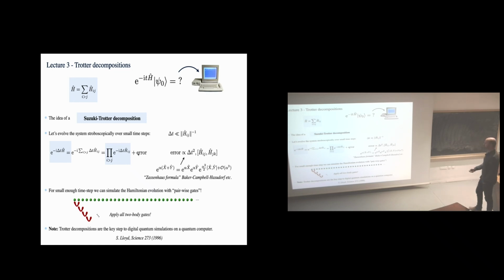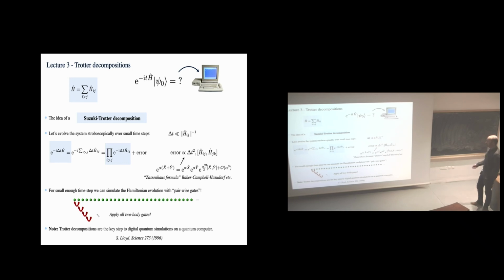The error you simply know, for example, from the Zassenhaus or Baker-Campbell-Hausdorff formulas. If I have a matrix exponential of two matrices with some prefactor, I can approximately write it as e^{alpha X} e^{alpha Y}. And then I have some term that depends on the one hand on the commutator between those two matrices, and on the other hand on this parameter alpha, and then higher order terms.